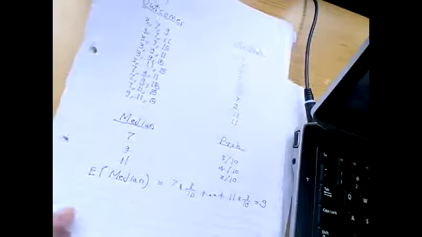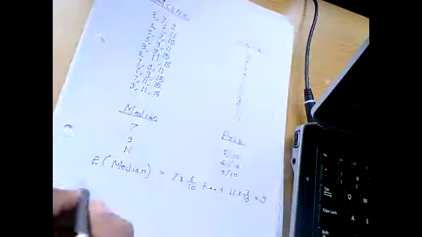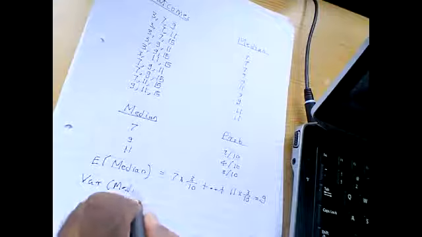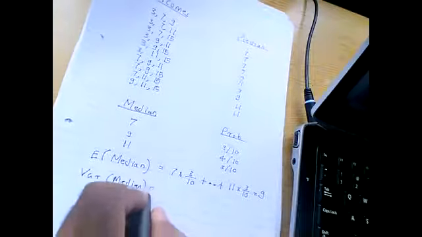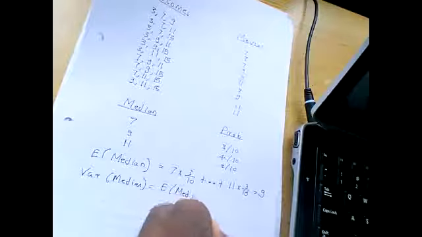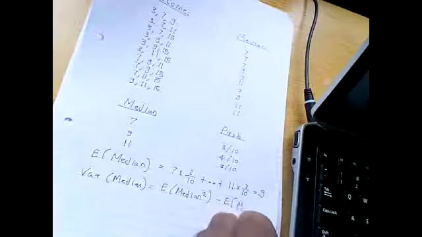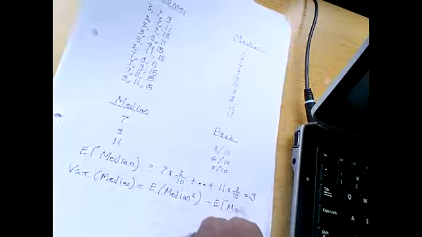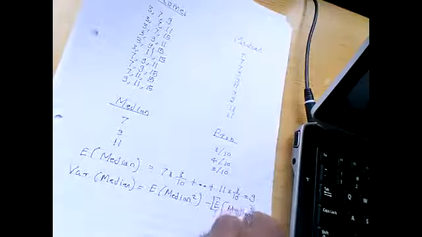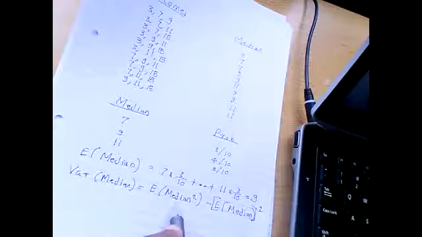Right, and to find the variance of the sample median, use the formula I used several times already. We know that this term is 9, so we just need to compute this one, right?